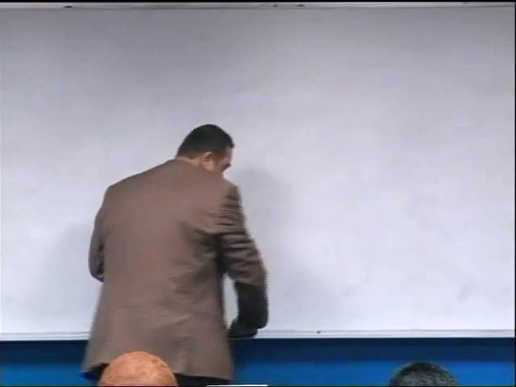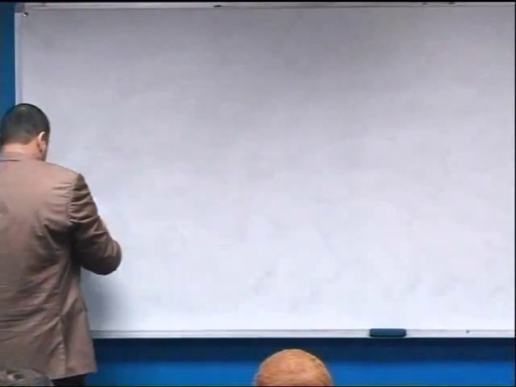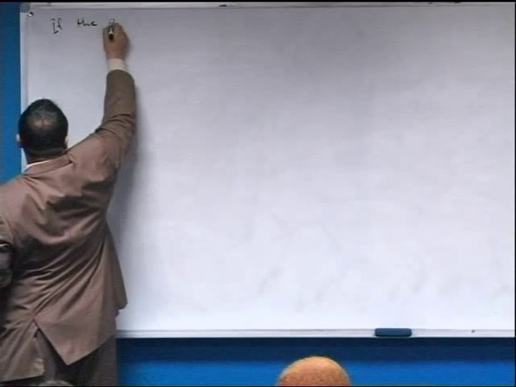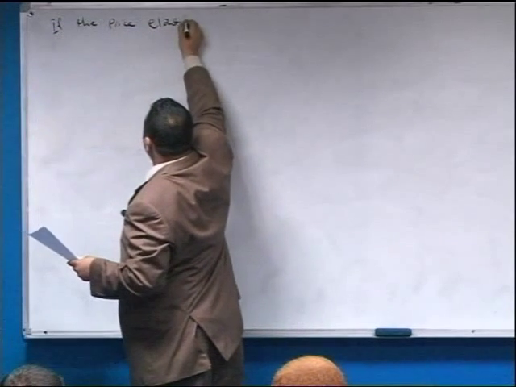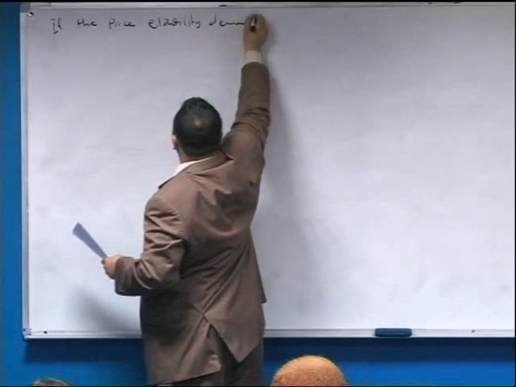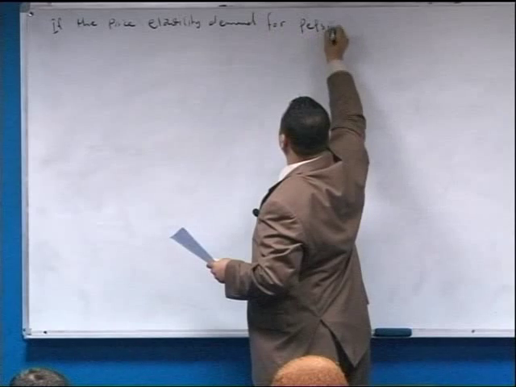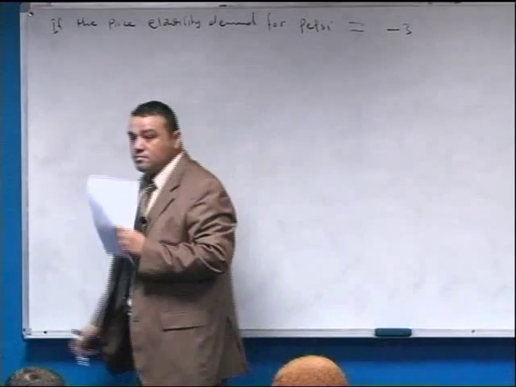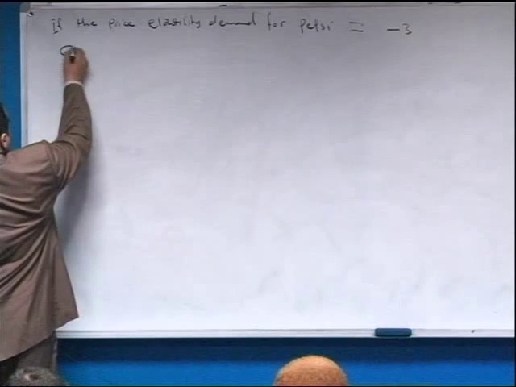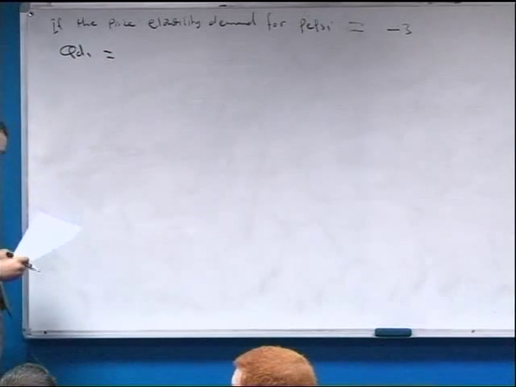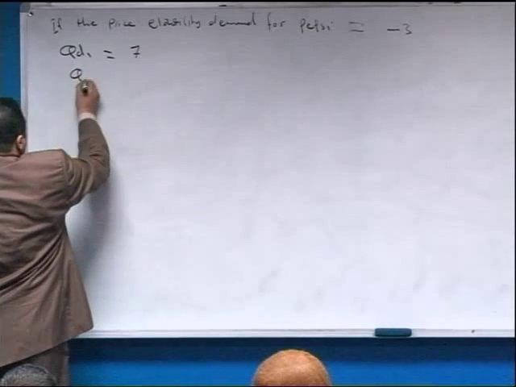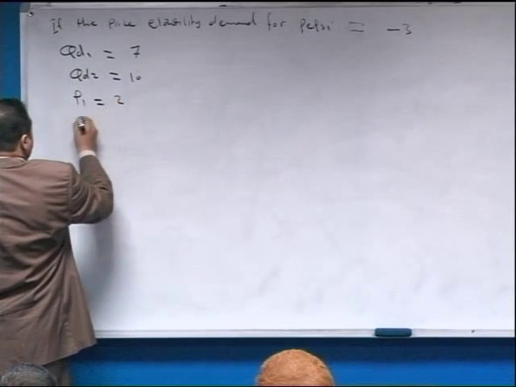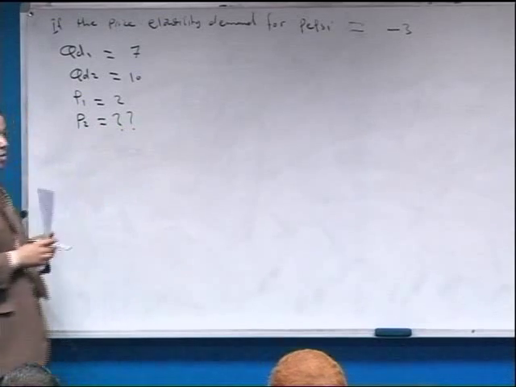If the price elasticity of demand for Pepsi equals -3, and the quantity demanded 1 equals 7, QD2 equals 10, and the price 1 equals 2, price 2 is missing, unknown.